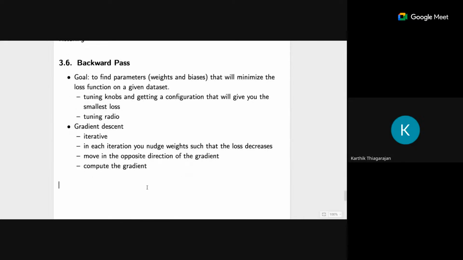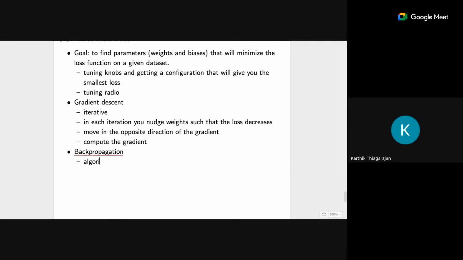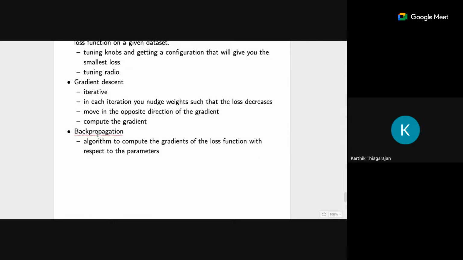And that's where you have this algorithm called backpropagation, which is an algorithm to compute the gradients of the loss function with respect to the parameters, meaning weights and bias. Okay, so that's what we are going to look at.